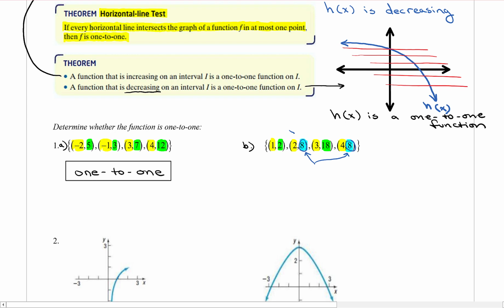Therefore, different inputs are giving me the same output. Let's call this x sub 1, comma, f of x sub 1, and let's call this x sub 2, comma, f of x sub 2. Here, f of x sub 1 is equal to f of x sub 2. Not good. This does not follow the definition of one-to-one, right? These are not allowed to be equal to each other. Therefore, this is not one-to-one.